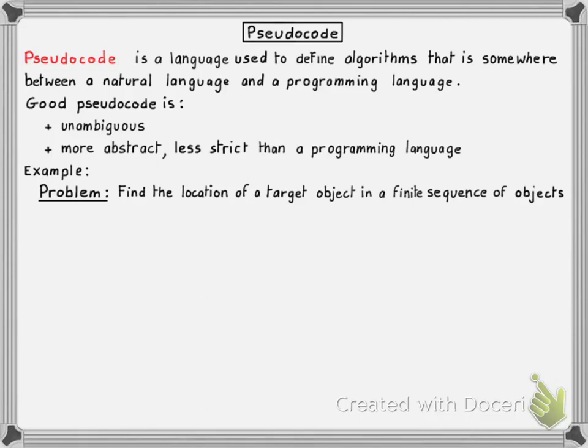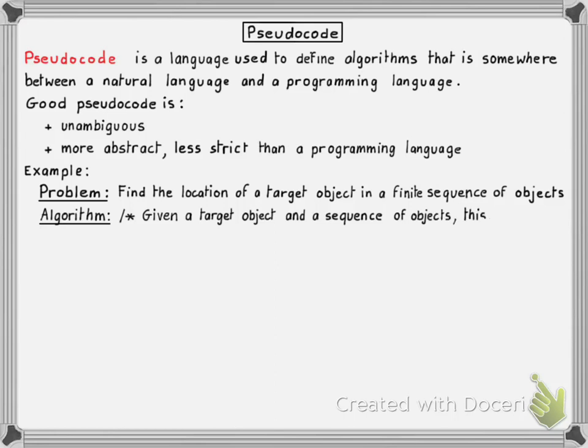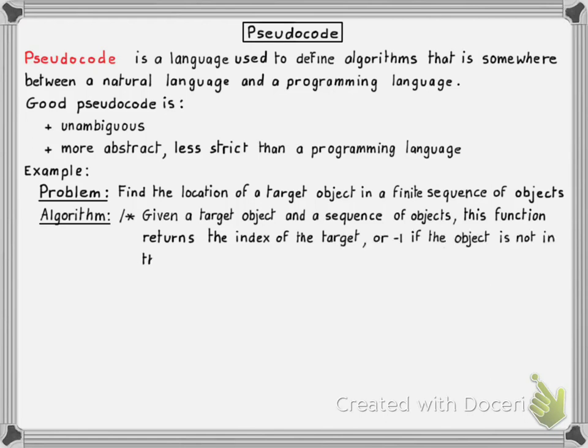Now, let's discuss one possible solution or algorithm for this problem. We must always start our algorithm specification with a comment that clearly states the behavior of the algorithm. In particular, it defines its inputs and its output. So this algorithm will take as input first a target object and second a sequence or finite sequence of objects.